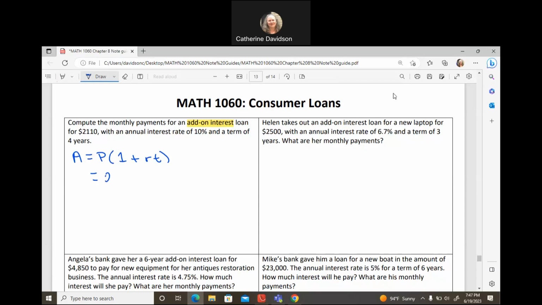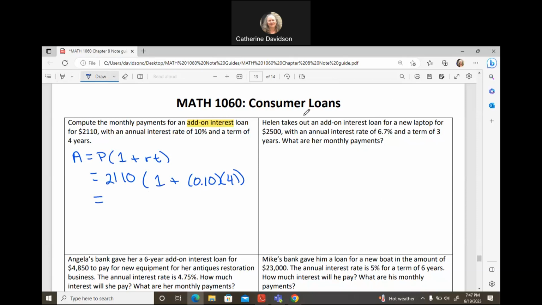The amount that we're borrowing is 2110. Our rate is 10%, so again, we're converting that to a decimal. And that's going to be for 4 years.